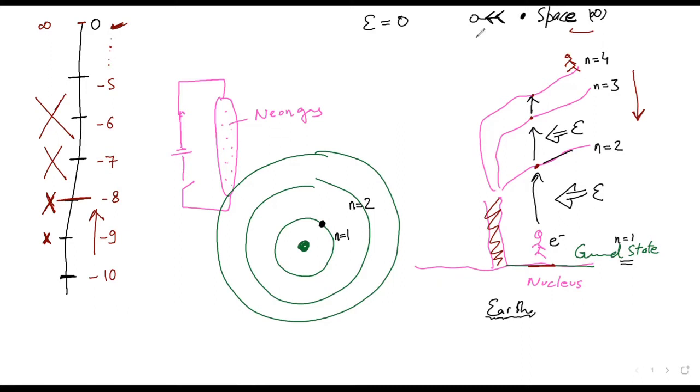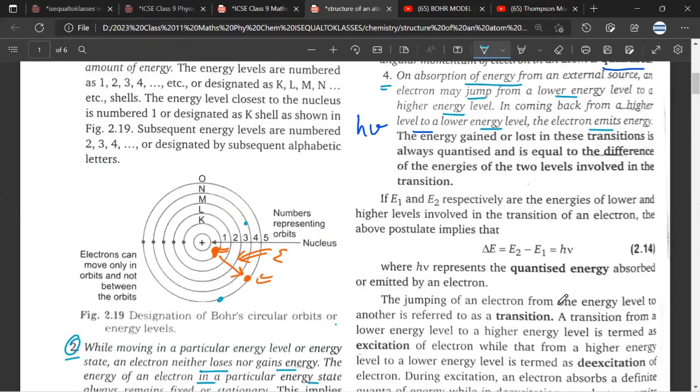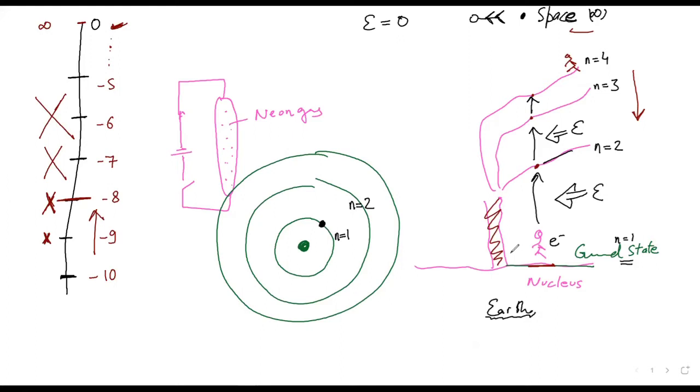And that is what Mr. Bohr said. Bohr explained this thing very beautifully. Fundamentally, this is what Bohr said: you took that neon gas in that glass apparatus, then you provided energy to the apparatus.